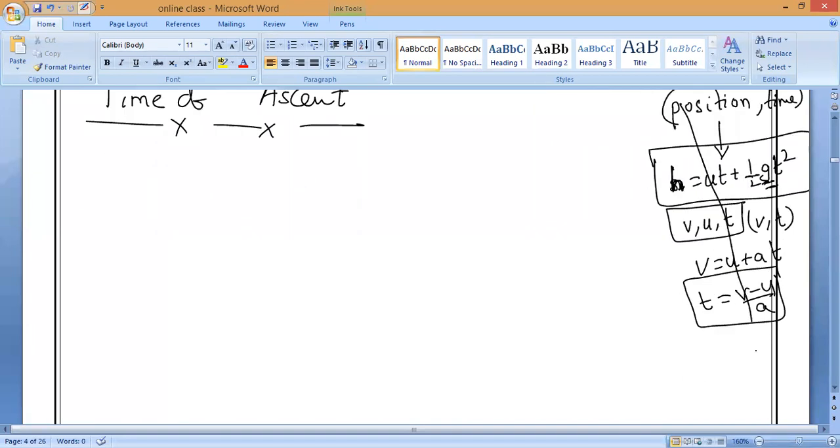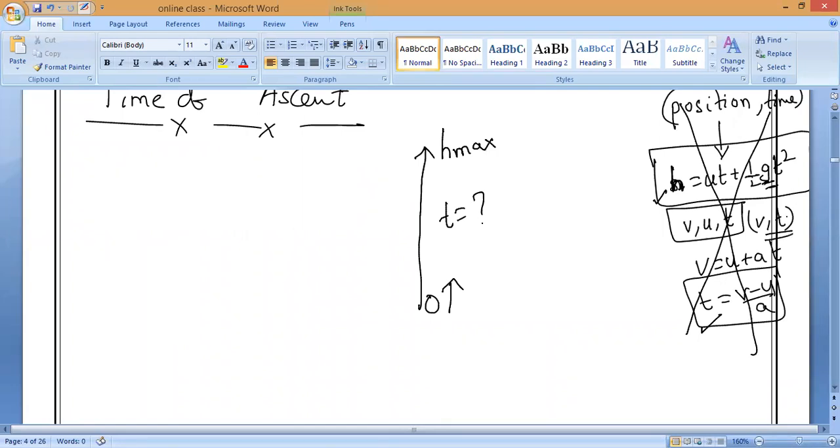Now, if a body is thrown upwards, what is the total time to reach maximum height? We need not depend on the second equation or third equation. Basically, you would use the first or second equation to calculate the time, but we have the time of ascent.